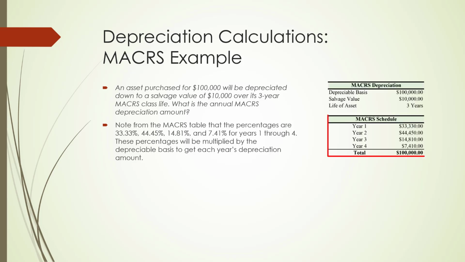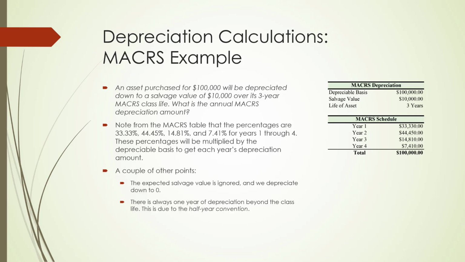You can see in year 1, our depreciation is $33,330. In year 2, it's $44,450. In year 3, $14,810. And in year 4, $7,410. Those are simply those percentages times the depreciable basis. And of course, you can see that the total is $100,000 because, again, we're depreciating the full amount.